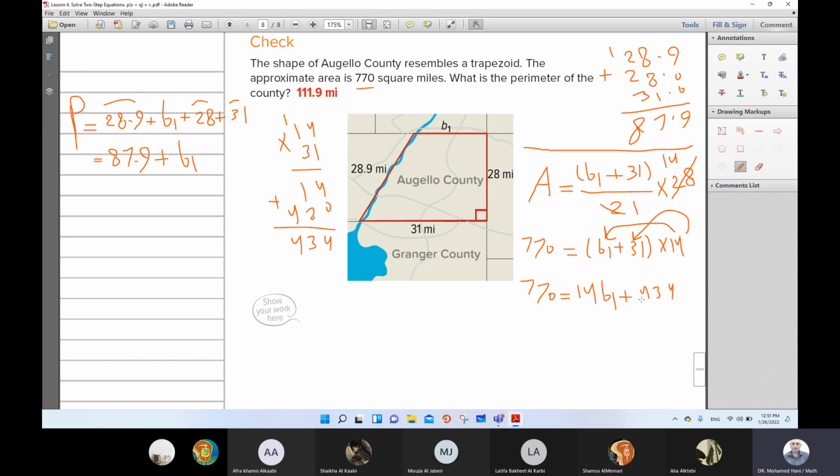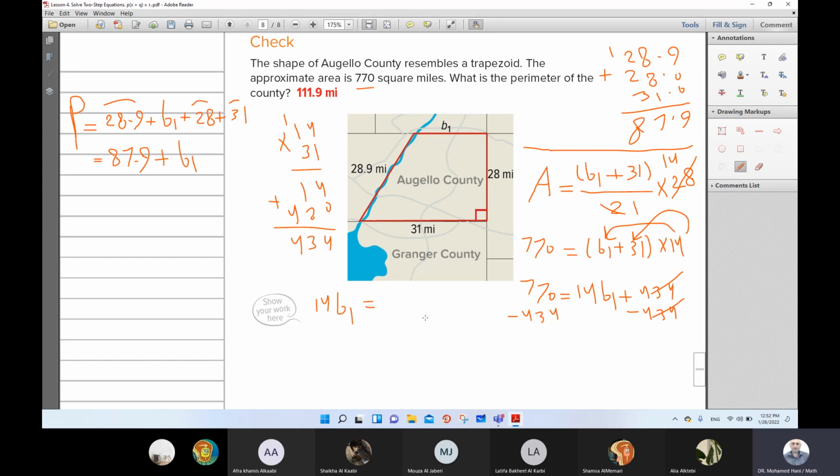To solve this equation, try to remove the constant. So you can add the inverse of 434. Add negative 434 to the two sides. 434 minus 434 remains here 14 b1, and in the second side you have 770 minus 434.